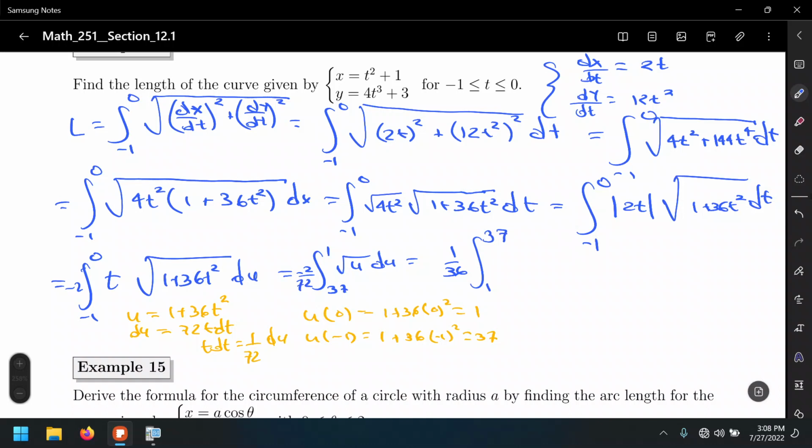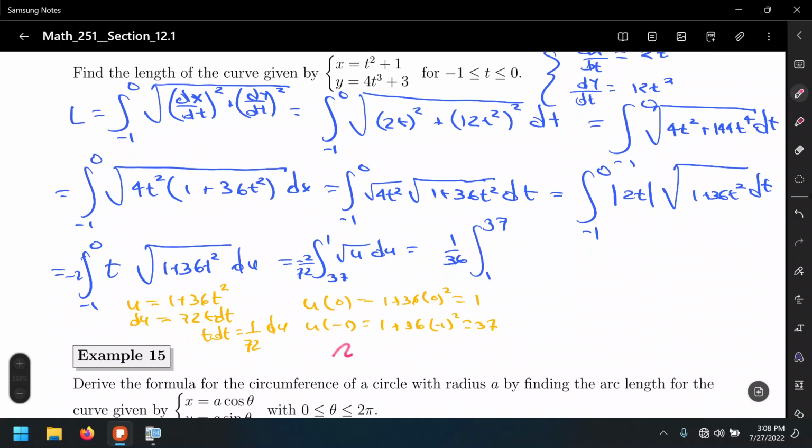So this property, okay, let me list that property just to make sense out of it. When you have the integral from a to b of f of x dx, this is the same as integrating from b to a instead, the same function, as long as you use a minus sign.